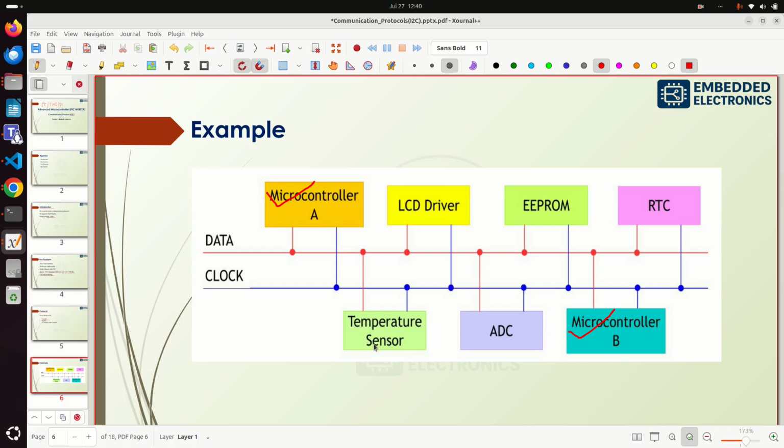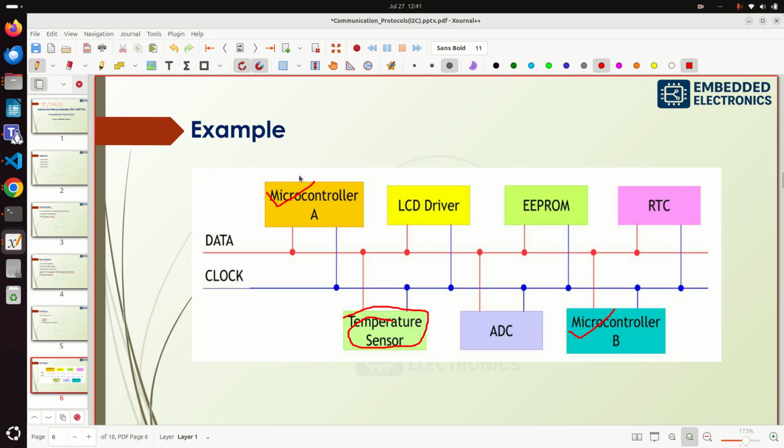Now this is a network with these many components. So now imagine this microcontroller A as a master. Being a master, it wants to communicate with this slave, the temperature sensor. So this is an example of how the communication happens. So let's see.